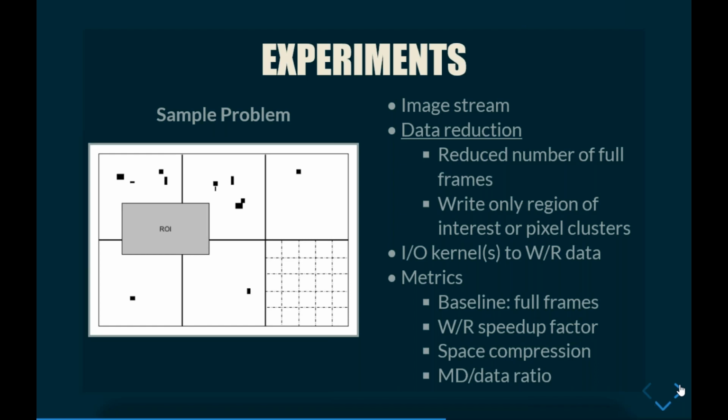The sample problem is basically, picture a stream of images. So you have two-dimensional frames, and rather than acquiring the complete set of full frames, we only periodically acquire or store a full image, and in the intervening frames, we are just looking at what we call a region of interest, which is a rectilinear region that falls into that image, or clusters of individual pixels or small sets of contiguous pixels that we acquire.